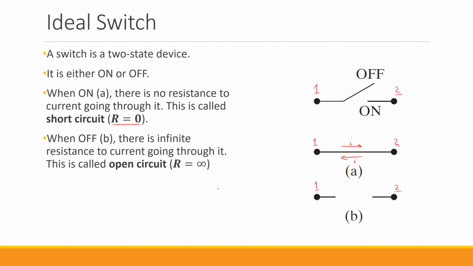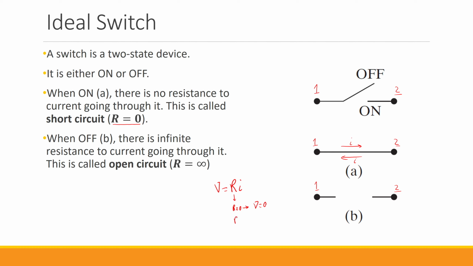If you consider again Ohm's law, you see that when R is 0, no matter what the value for I is, the voltage is going to be 0.